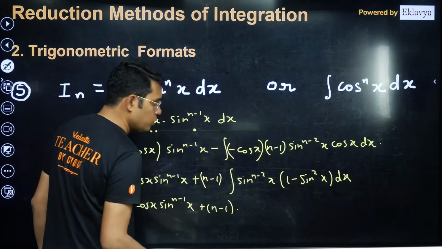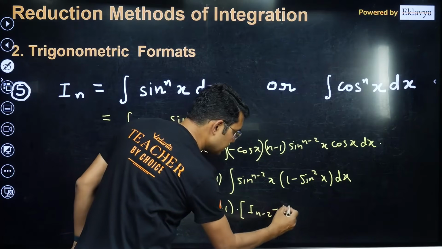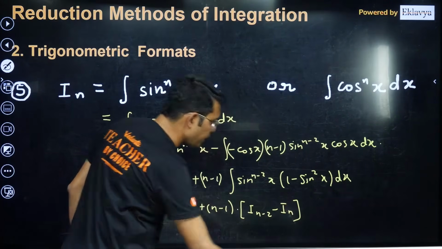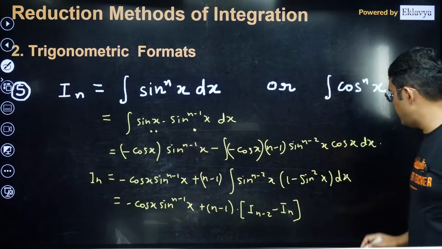So this In here will become minus cos x sine power n minus 1x plus n minus 1 into, I think this is In minus 2 minus In only. Yeah, In only. Okay, now if I take this In on the other side, let me do it completely.